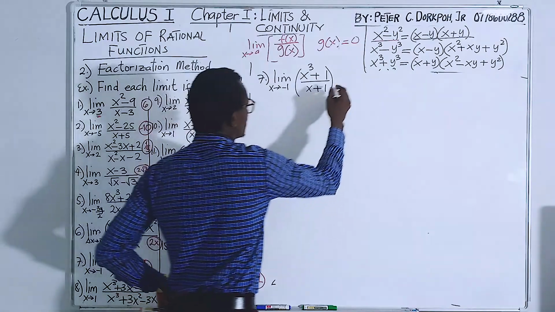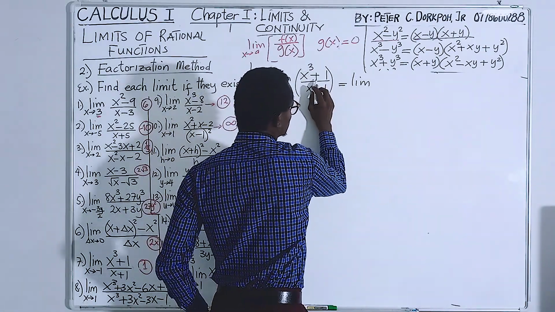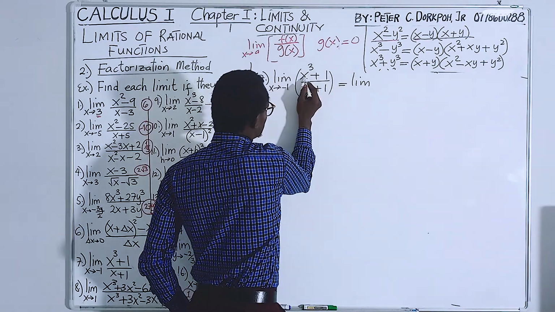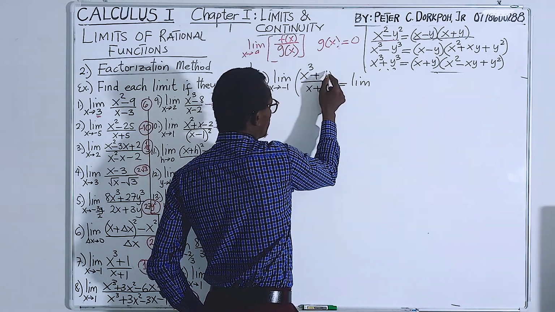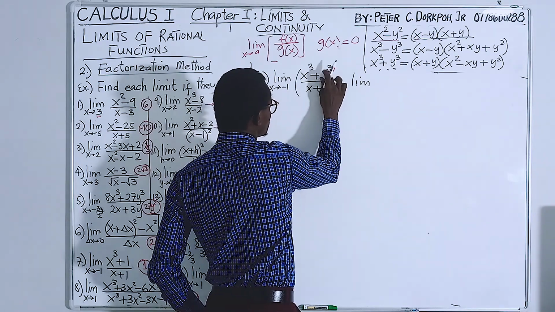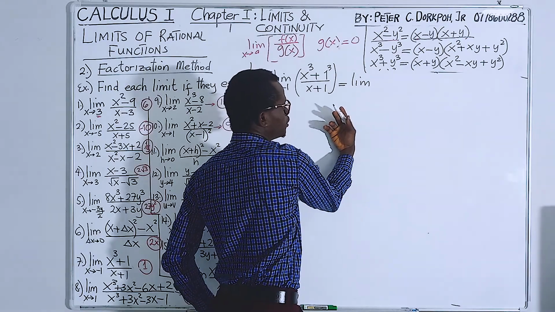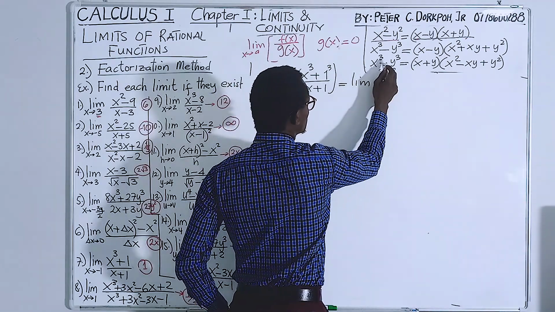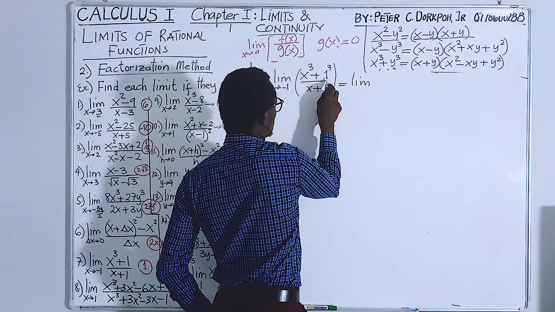Now, if we look at this problem, we can clearly see that the first term of the numerator is cubed, and the second term is just 1, right? But you know that this 1 can also be raised to the 10th power. When 1 is raised to the 10th power, it's the same as 1. So it would now be x cubed plus y cubed, which is x cubed plus 1 cubed.